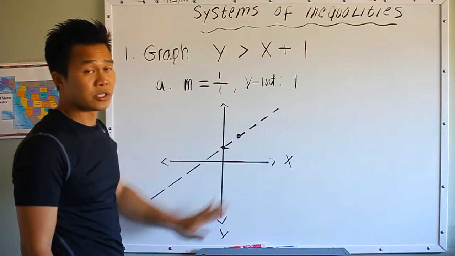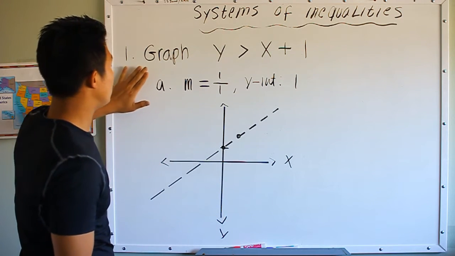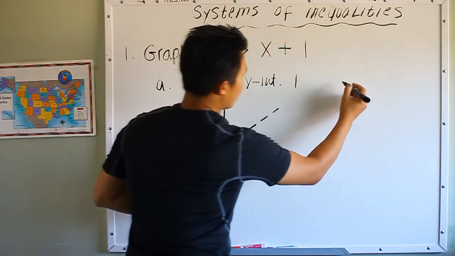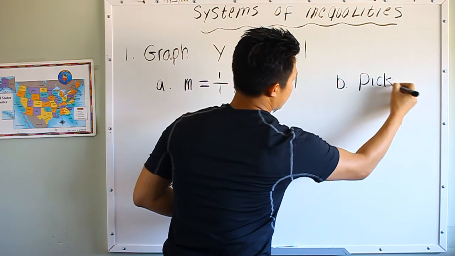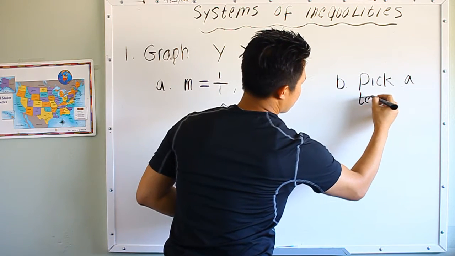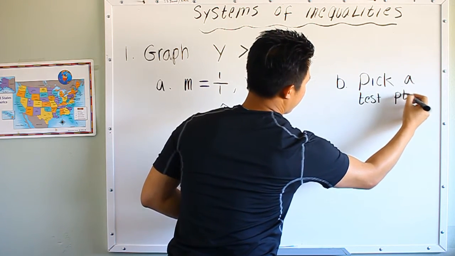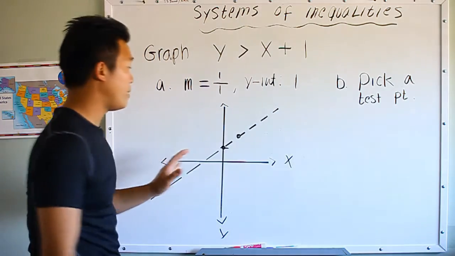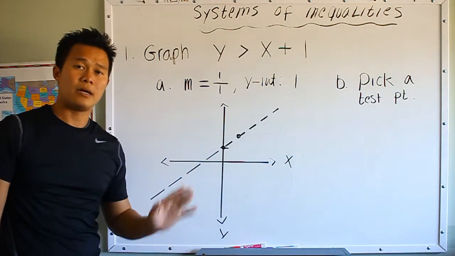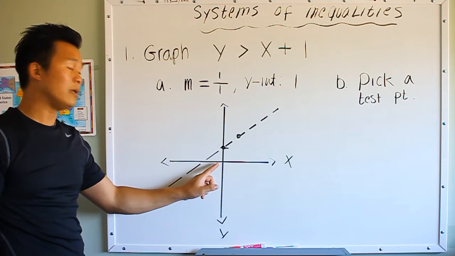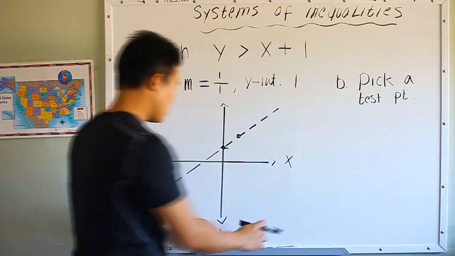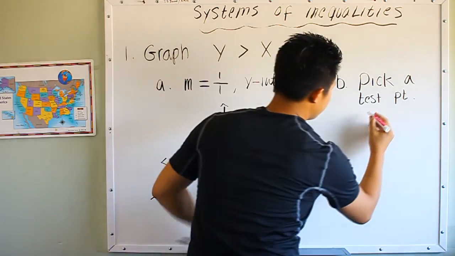To determine where to shade, the next step is to pick a test point. So part B, pick a test point. Now you can pick any point you like, as long as it is not on the dotted line. The best test point to pick would be 0, 0.